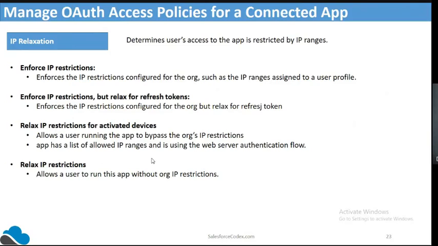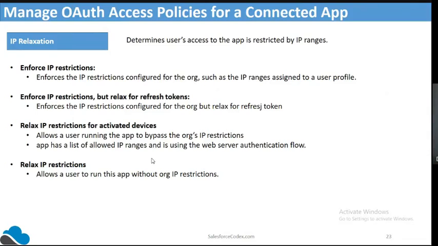The first is enforce IP restriction. You are enforcing whatever you have set up in the profile, whatever IP range I have given; it should be accessed within that range only. That call should be done from that IP range only. Next, enforce IP restriction, but relax for the refresh token.